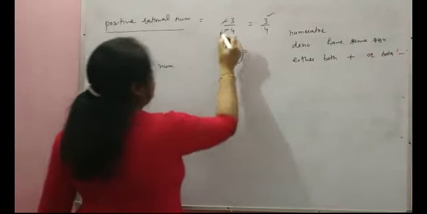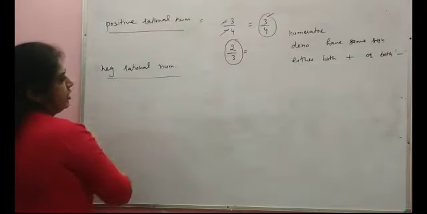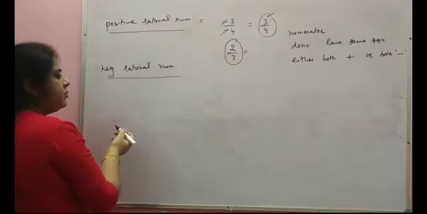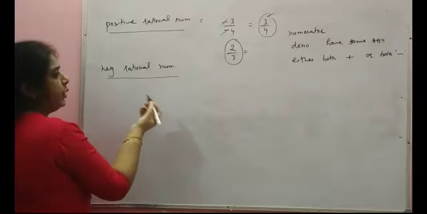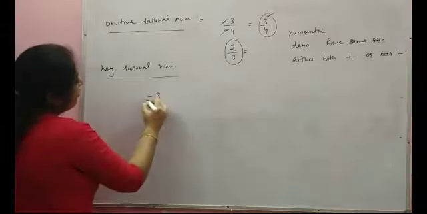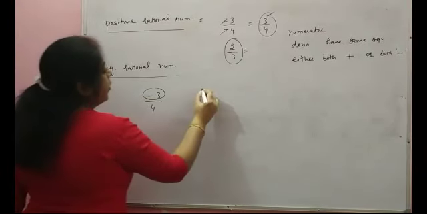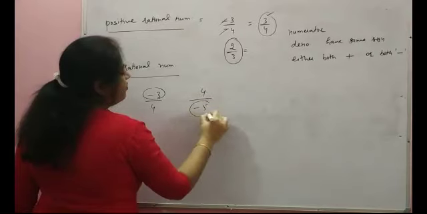Negative will be cancelled and it will change to plus. Now what is a negative rational number? A negative rational number means one of them, either numerator or denominator, has a negative sign. If one of them is negative, either with the numerator we have a negative sign or with the denominator we have a negative sign.